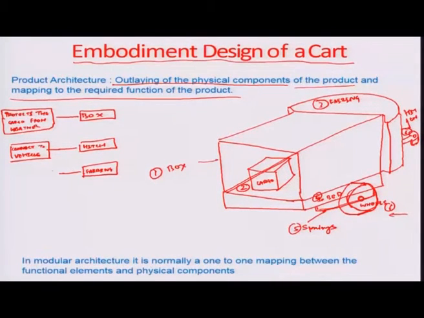So, if I write the functionality of the fairing, this will amount to minimize air drag. And then of course, there is a bed which is used to support the luggage or carry the luggage. So, we say that it supports the cargo load.